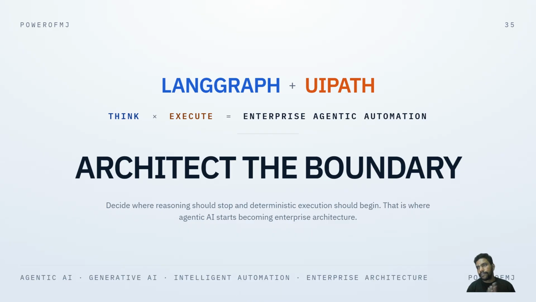So now this is our overall architecture boundary. The important question is not whether LangGraph or UiPath wins. The important question is where the reasoning should stop and deterministic execution should begin.